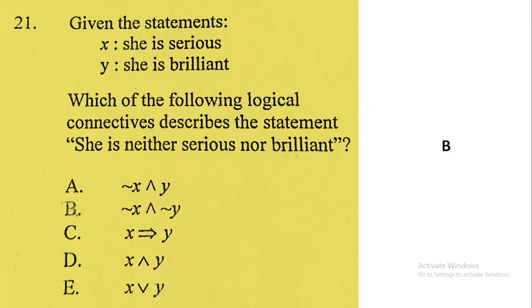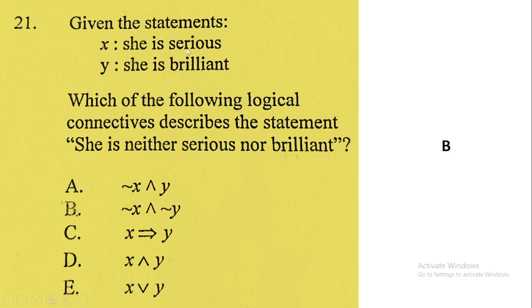Then question number 21 is on propositions. We are given that proposition S says she is serious, and proposition Y is she is brilliant. Which of the following logical connectives describes the statement she is neither serious nor brilliant?